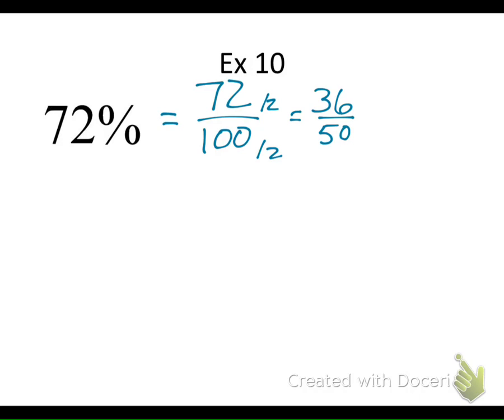And that can be reduced again. And then we're done here. Okay? I know that 18 is divisible by 2, and 25 is divisible by 5, but both numbers have to be divisible by one number. Either 2 or 5, not both. Okay?